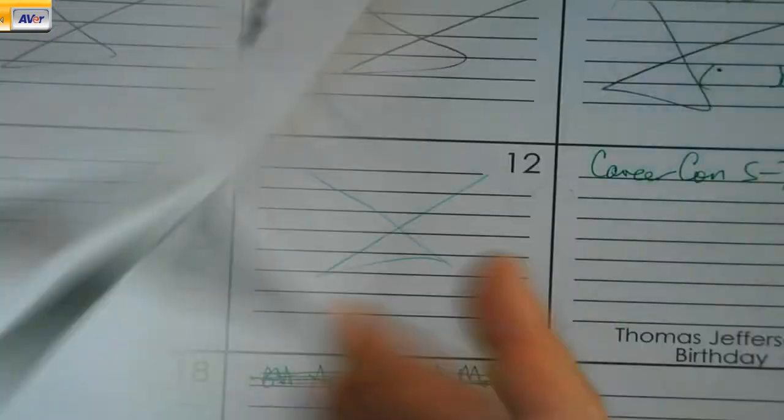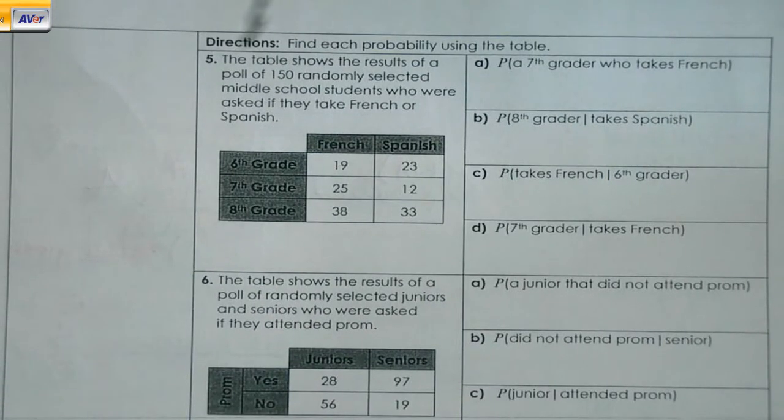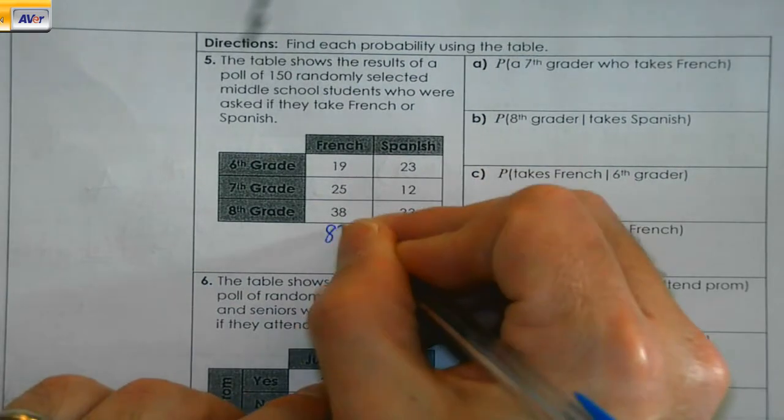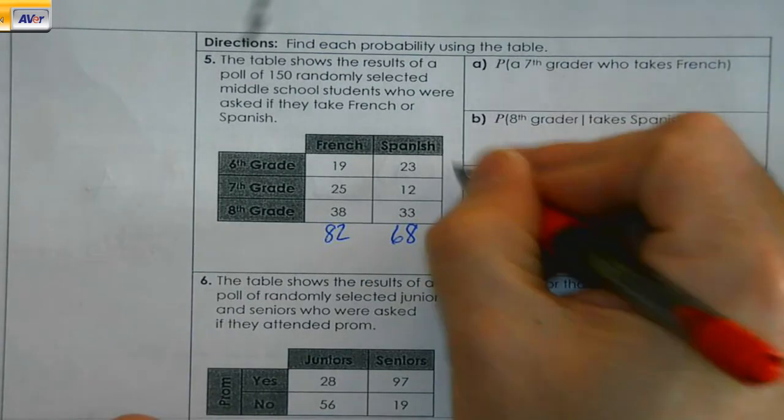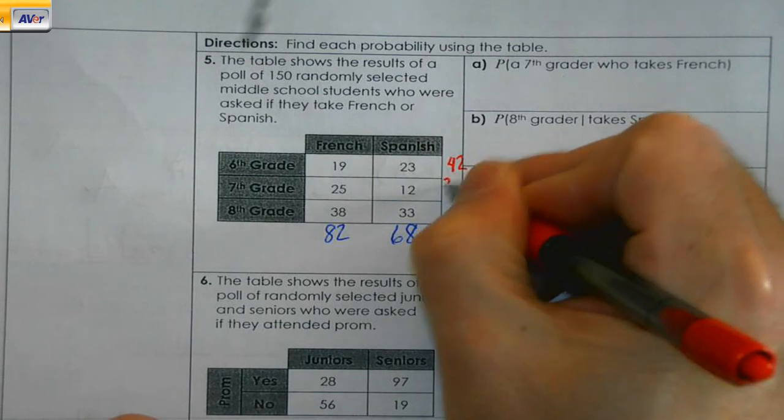So as we flip over, we're in the same idea here. Just going to get a little more practice at some of our situations. So here we have 150 middle school students that were asked if they take French or Spanish. Again, I notice there's no totals anywhere. So I'm going to go ahead and total up each of the columns and each of the rows.